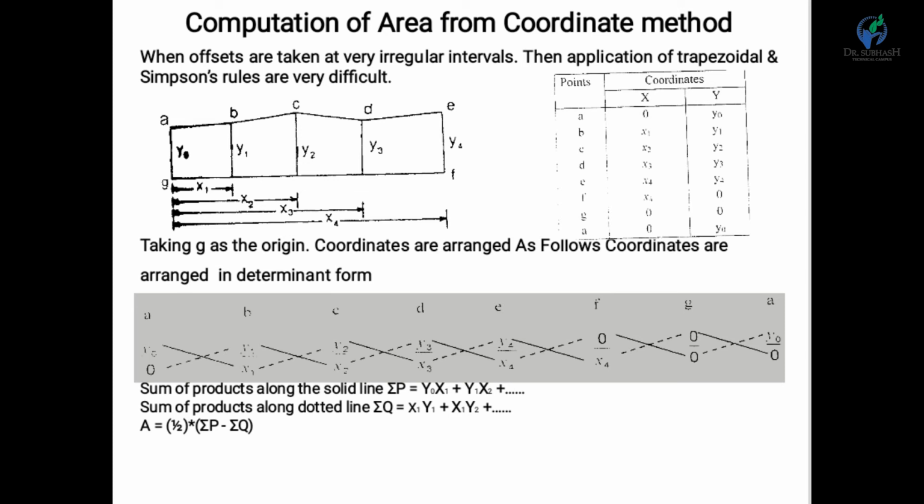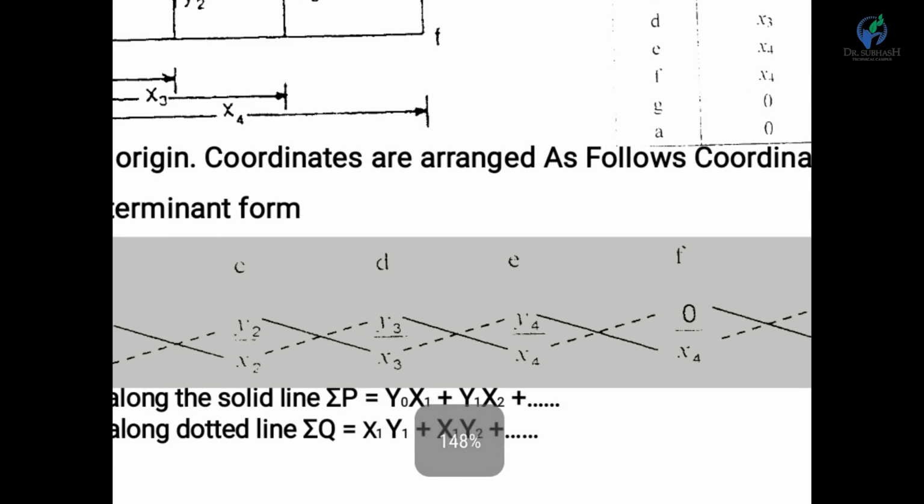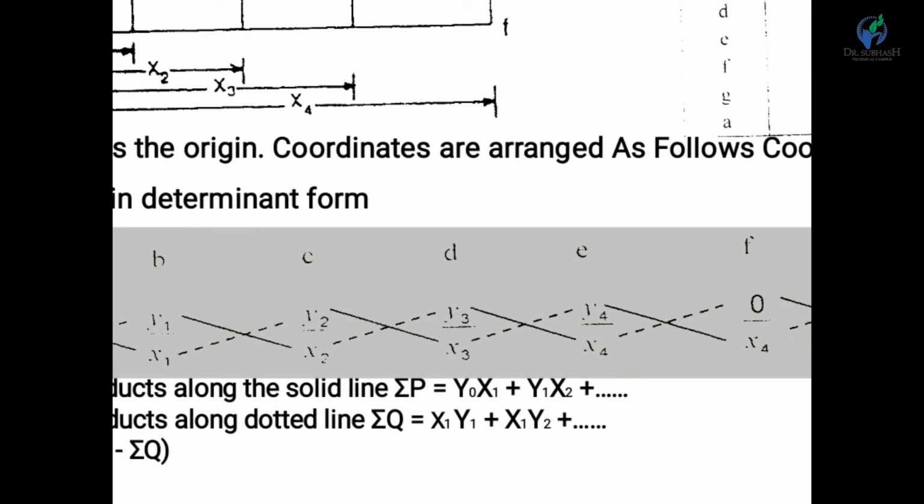In that method, we find the area using the different types of coordinates that are given. For finding a 2D area, we have two coordinates, x and y, and we have to arrange the x and y ordinates in the given form, and after that multiply them by cross multiplication. Then we take the products of the cross multiplication and sum them, and put them in the area formula.